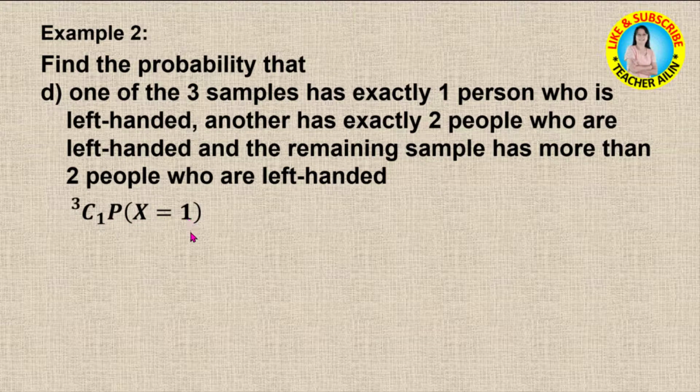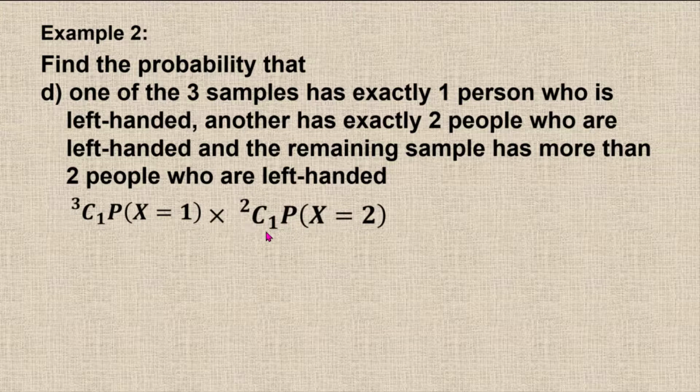Then another sample, but we do not know which sample, then we use 2C1 where this sample has exactly 2 people who are left-handed. Then the third sample has more than 2 people who are left-handed.